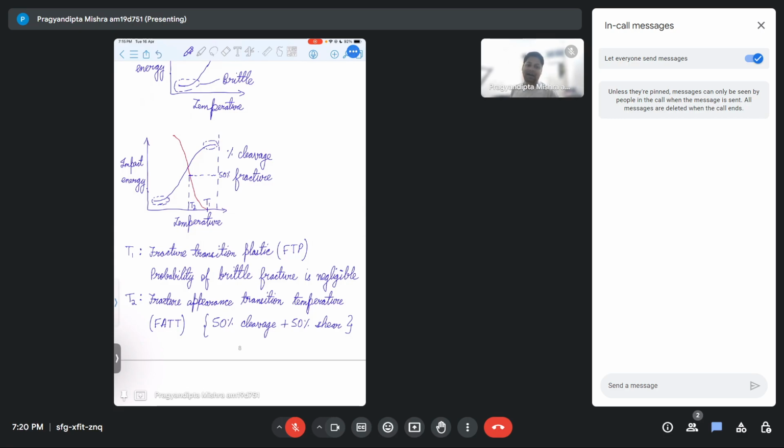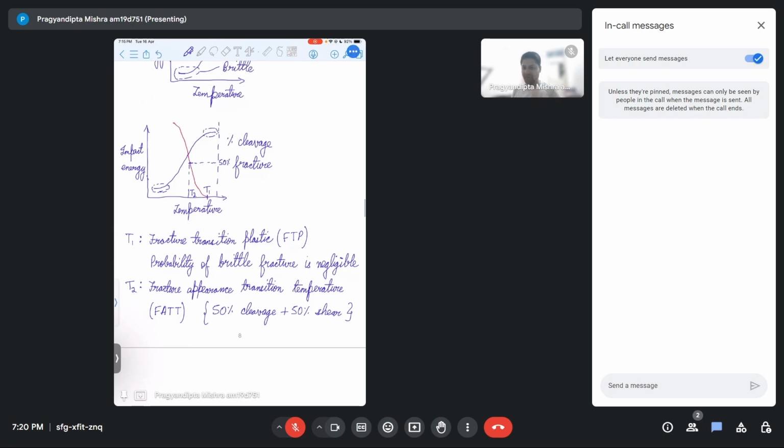So one last concept that we will see in impact energy is: does the crystal structure, the structure of the particular crystal system, affect the impact energy versus temperature curve? So the influence of crystal structure is what you are looking at.